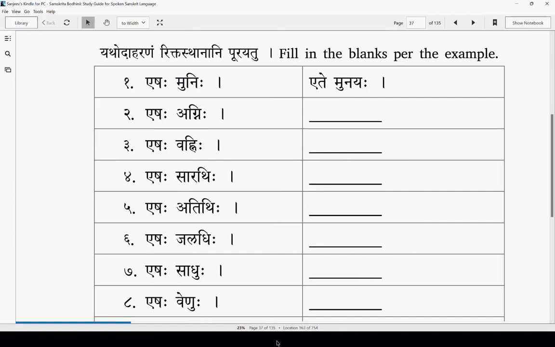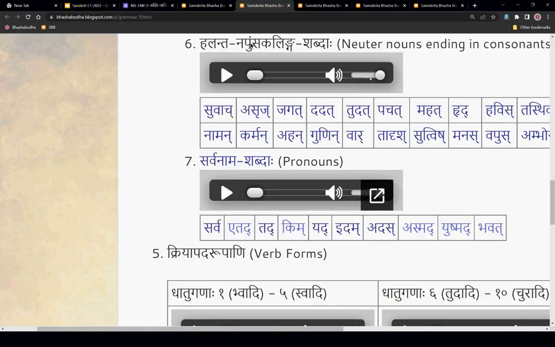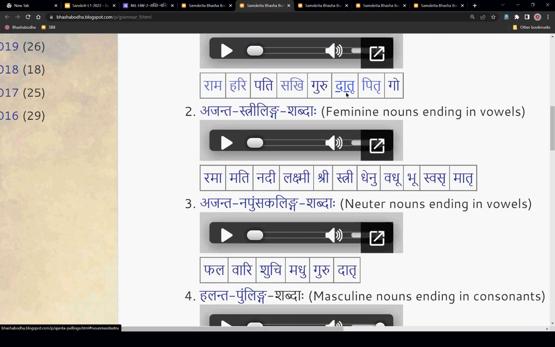Let me show you the table here. You see there are two different tables here, Pitru and Dhatru. Though the ending is the same, they are slightly different in the tables.